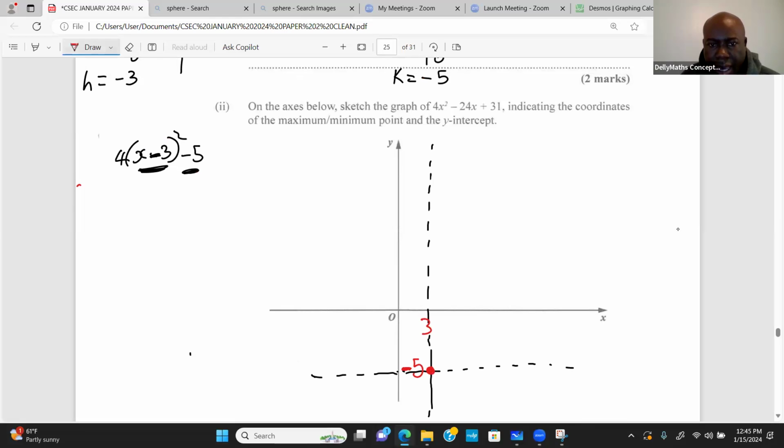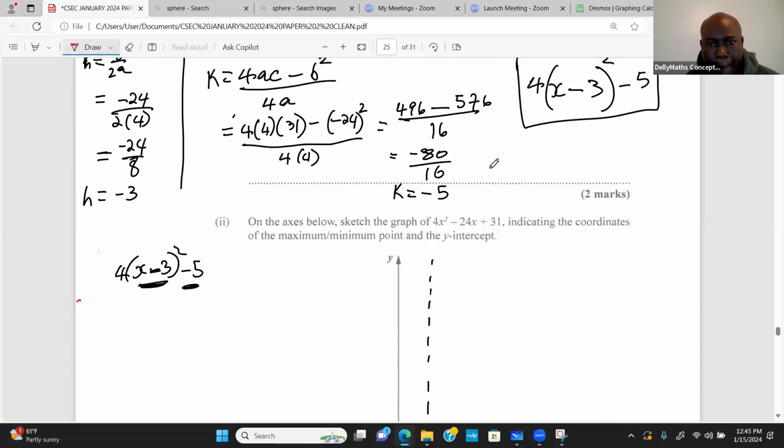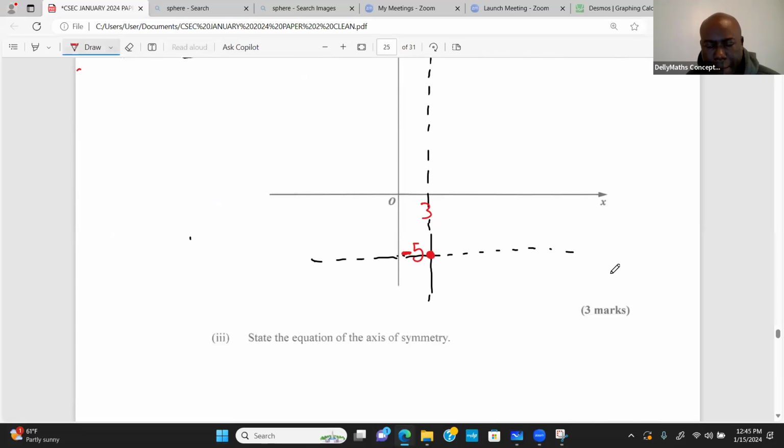And so we're looking at a graph that does like this. This is a graph that does something like that.